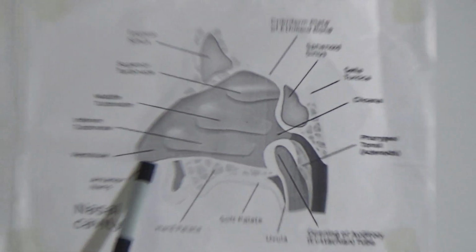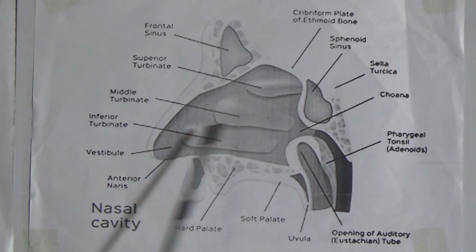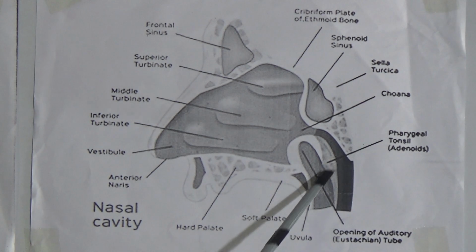Here is the nasal canal. This is the nostrils, and here is a canal. This is called nasal canal, and it ends at our throat or pharynx.